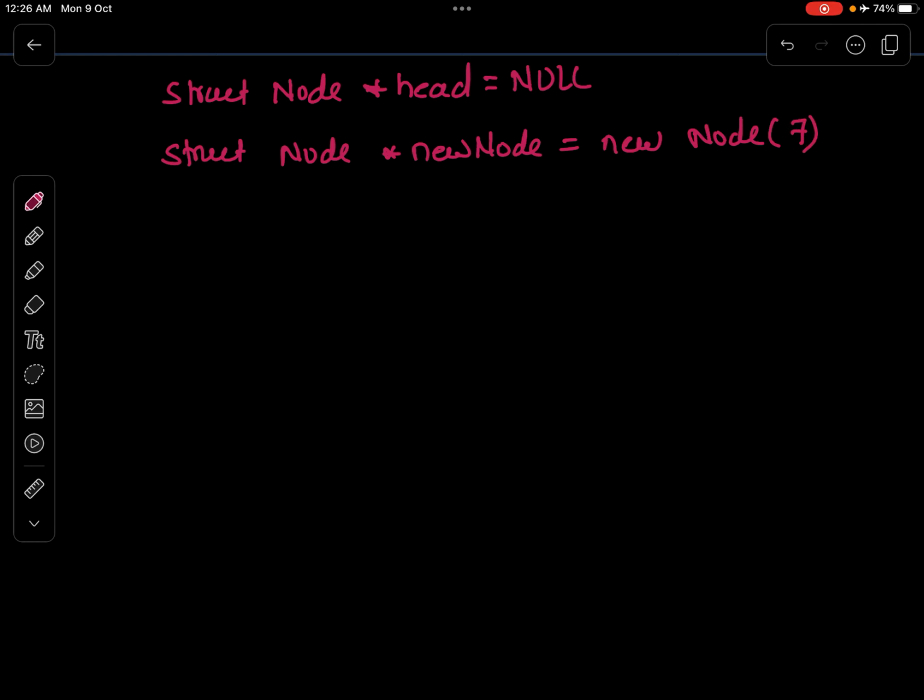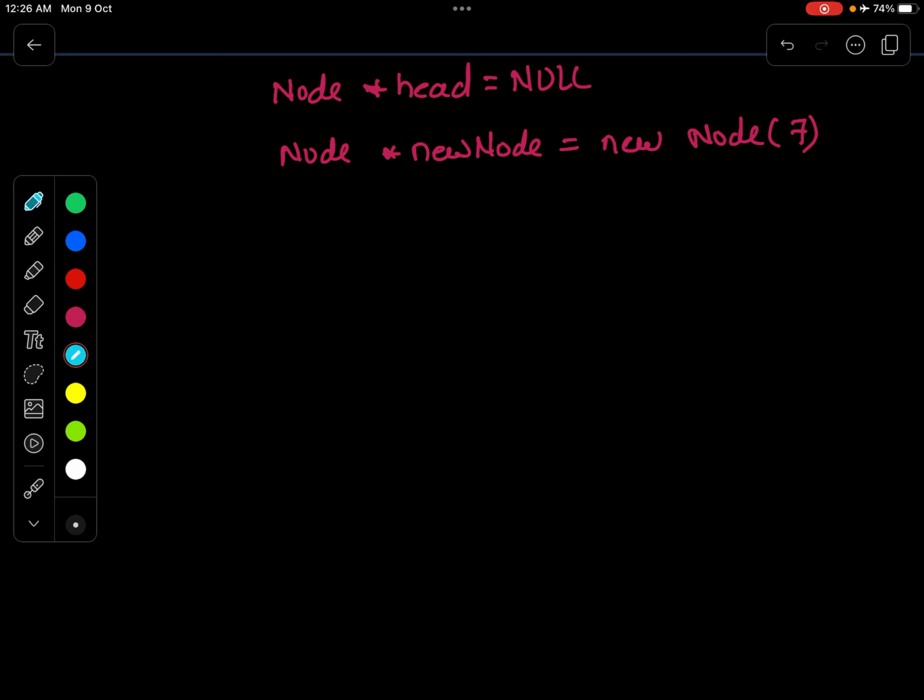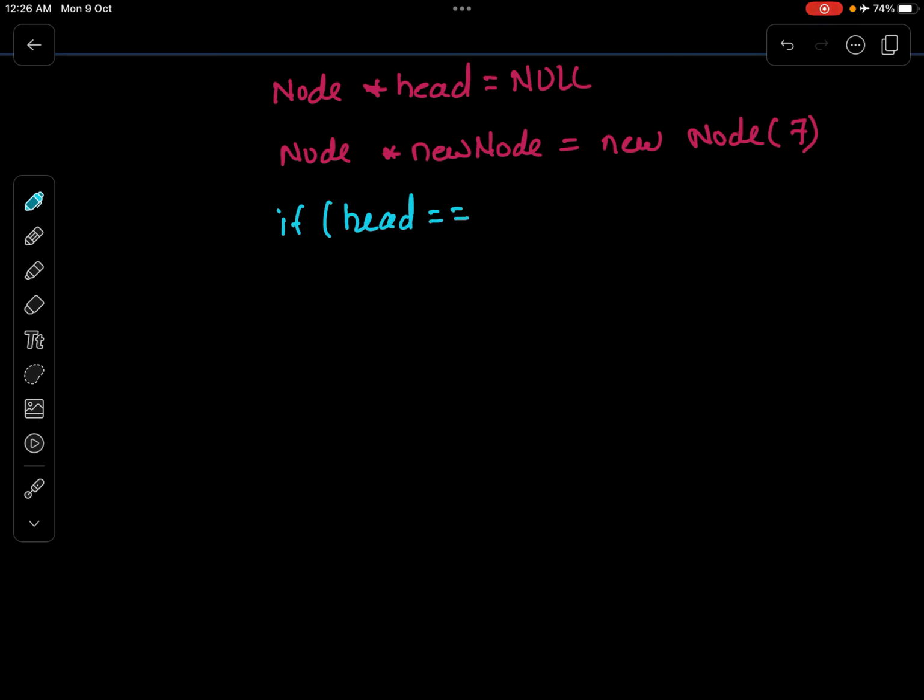Just for the sake of information, this struct keyword is optional, which means even if you don't write struct, it's still fine. Even if you write just node, it still works. Now, say for example, I have created a node which is new node, and since if my head is null, if my head equals null, which means initially my linked list is empty, so what I will simply do is assign head equals new node.